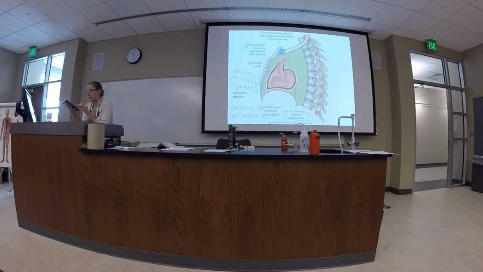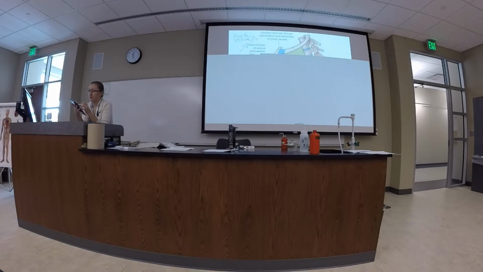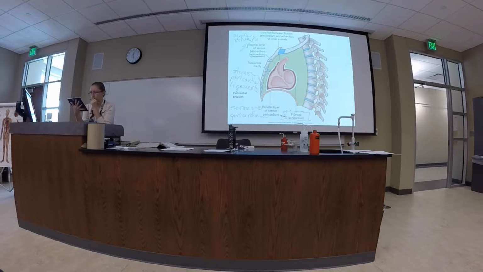The parietal layer is associated with the fibrous pericardium, and the visceral layer is adhered to the surface of the heart, and also is known as the epicardium. In between those, we have the pericardial cavity, which is a fluid-filled cavity, and again, just helps cushion the heart.